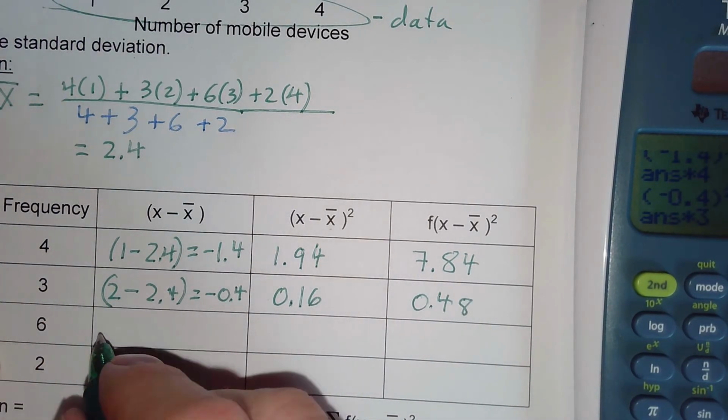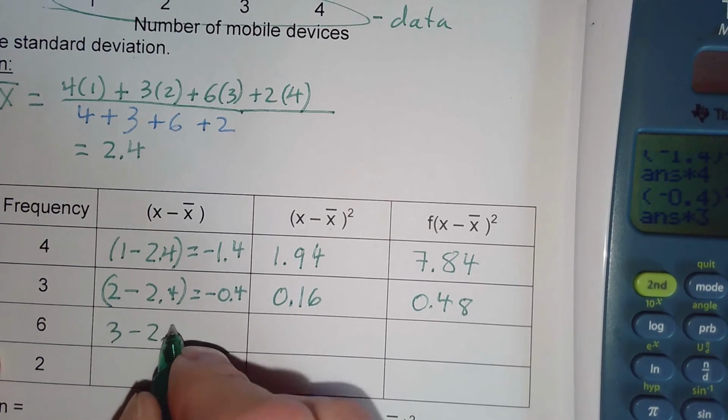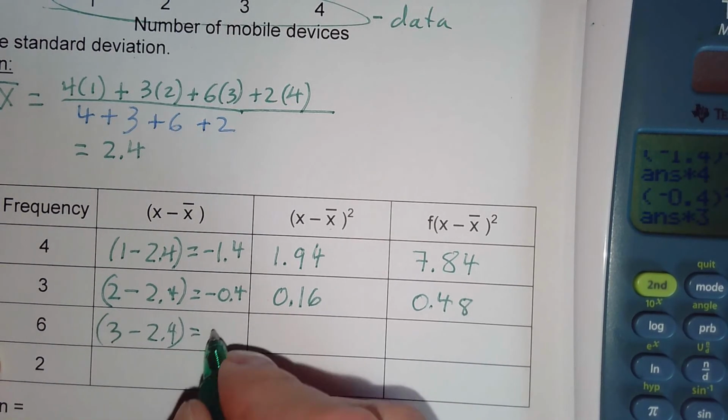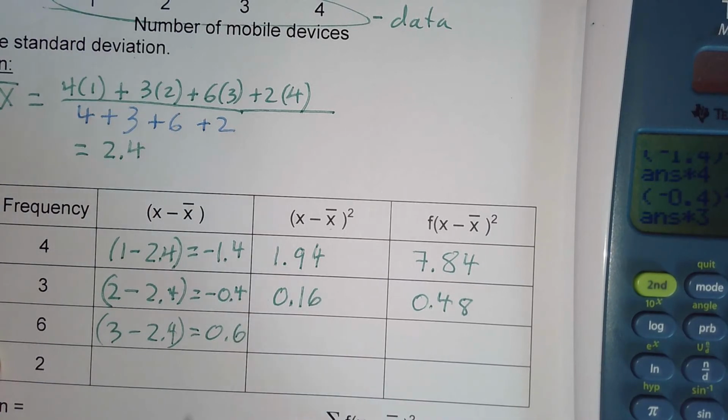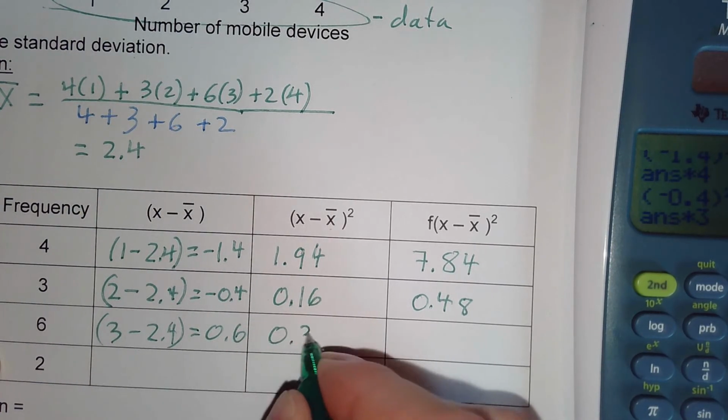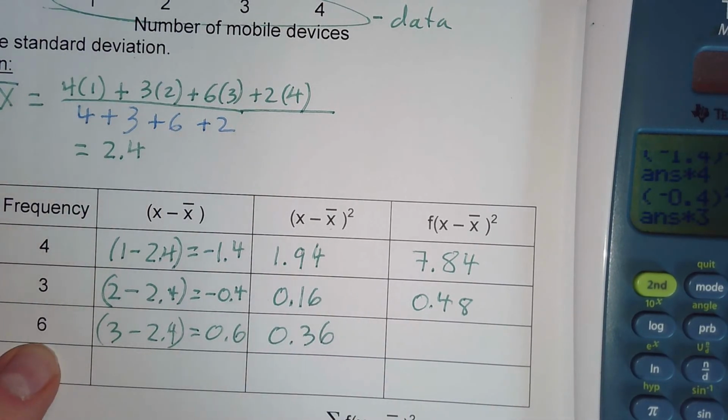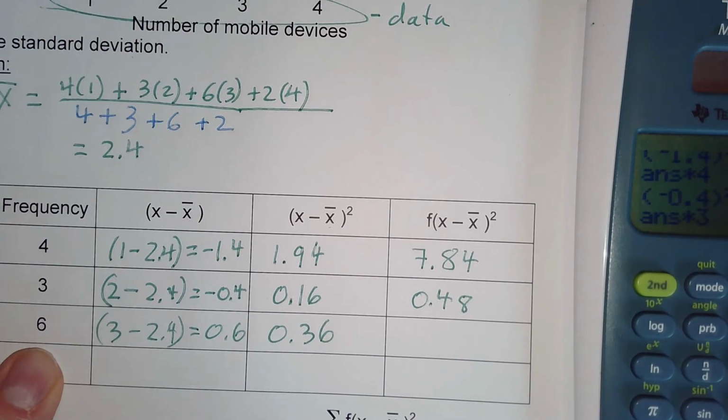And then my data value, 3 minus 2.4 is 0.6. Square would be 0.36. And then I'm going to multiply by my frequency. So that would be 2.16.